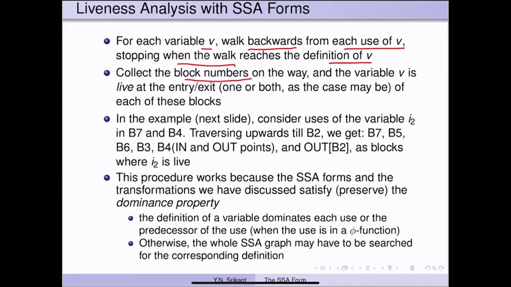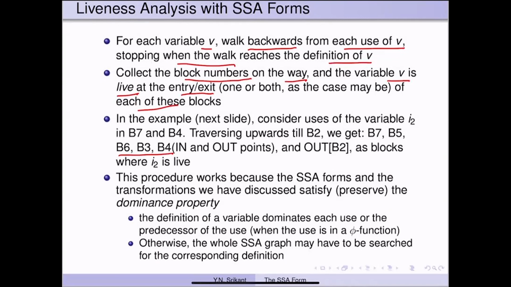Collect the block numbers on the way, and the variable V is live at the entry, exit, one or both, as the case may be, of each of these blocks. Right? So we already said this. For B6, B3, B4, it is in and out, and as the blocks are I2 is live.